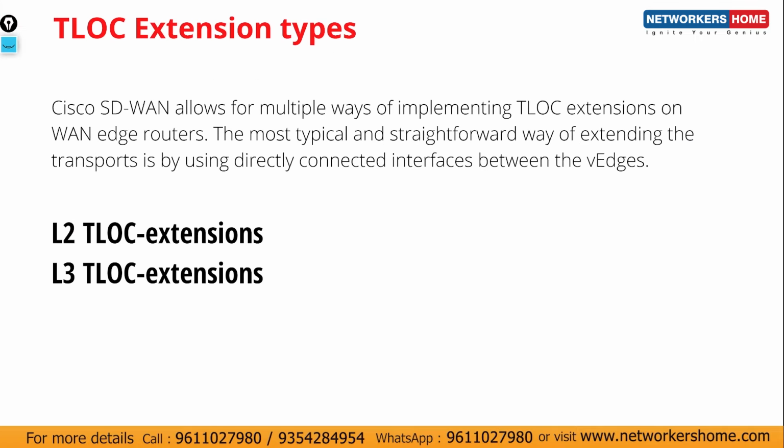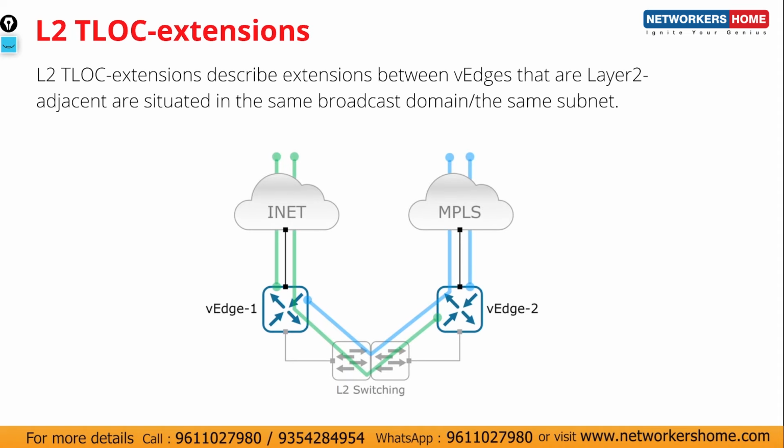So there are two types of TLOC extension: L2 TLOC extension and L3 TLOC extension. Most of the time in the practical world, 98% of the time, we will be using L2 TLOC extensions. In an L2 TLOC extension, you need to have a layer 2 device or physical connectivity of these devices to each other.